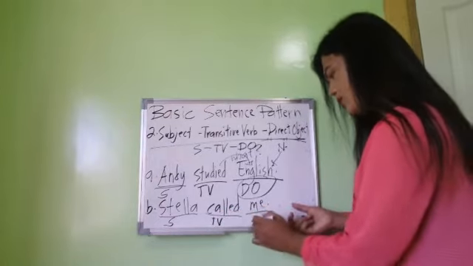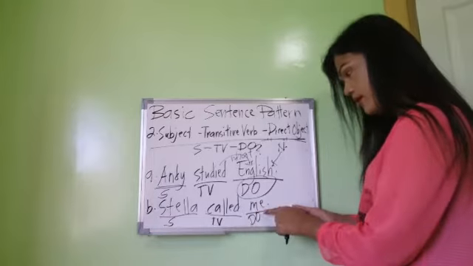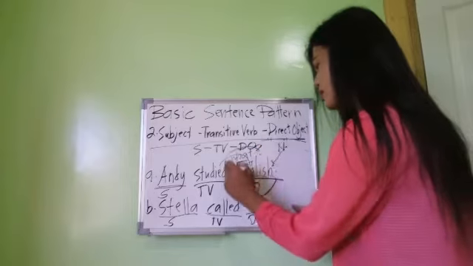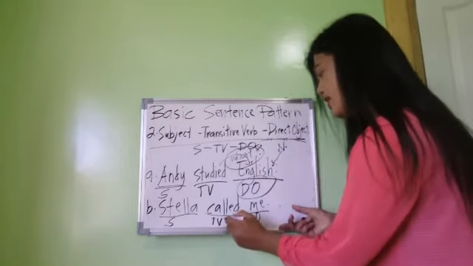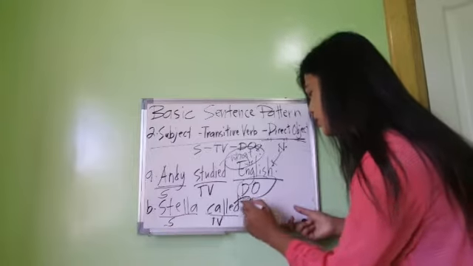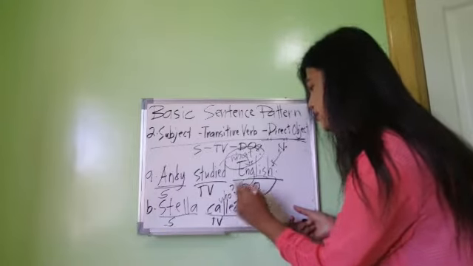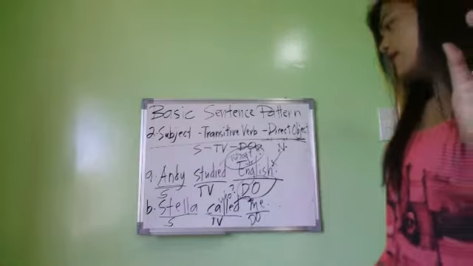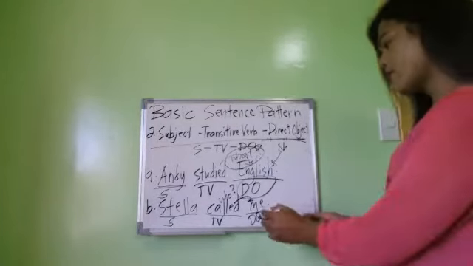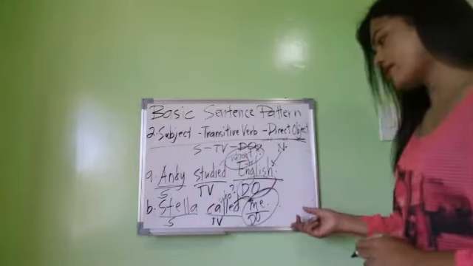Why? Because there is an object here. Now, before, for the first question, we asked the question what? And then here, called, we ask the question who. So that we will know if there is a direct object or not. So in this case, the direct object is me, right?